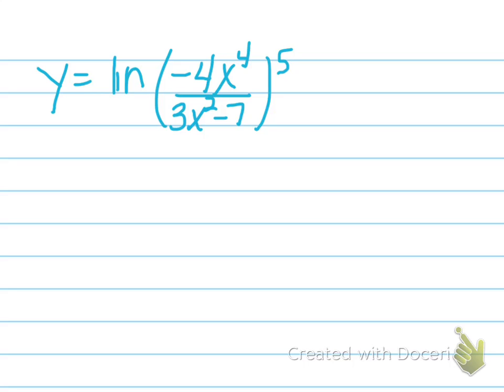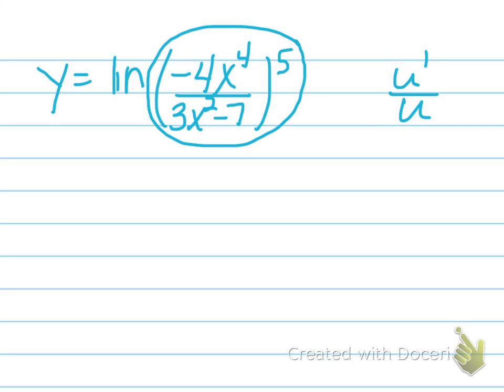So you're supposed to use u prime over u. But if you look at this u, this would be a nightmare to take the derivative of. It's a quotient raised to a power, so you're talking about the chain rule and the quotient rule, and then after you do all that, you still have to divide it by itself, which is itself a fraction. It's a mess. So what you should actually do is rewrite this first using your laws of logarithms from pre-cal.